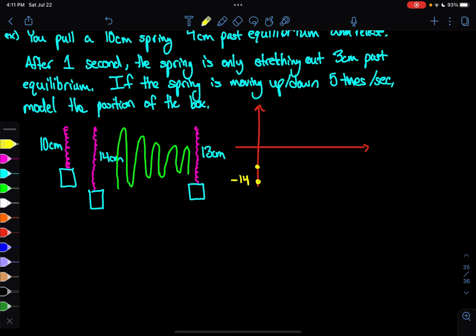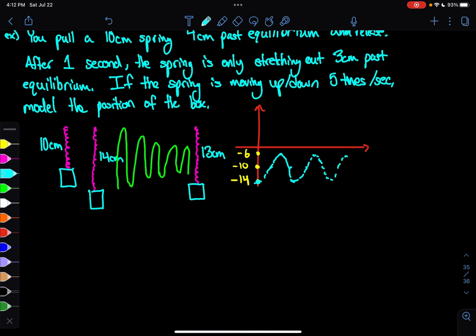It has equilibrium down here at like minus 10. That means it's going to bounce up to minus 6. It starts down at 14, goes up, goes down, goes up, right? If we weren't taking into account the fact that the motion is going to die off, it would just look like this.